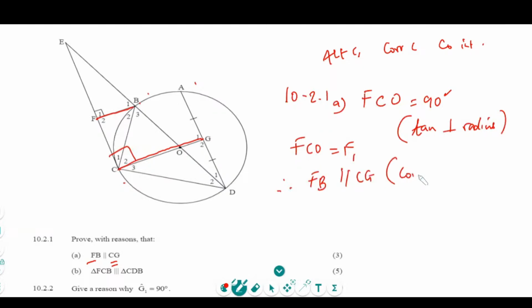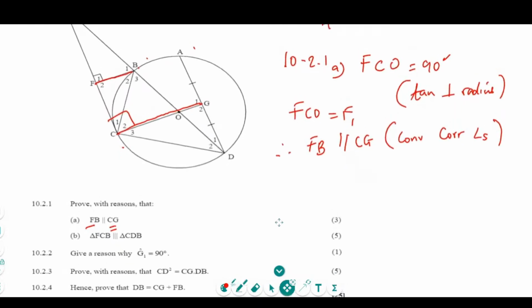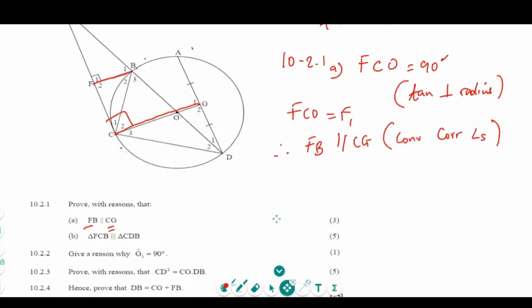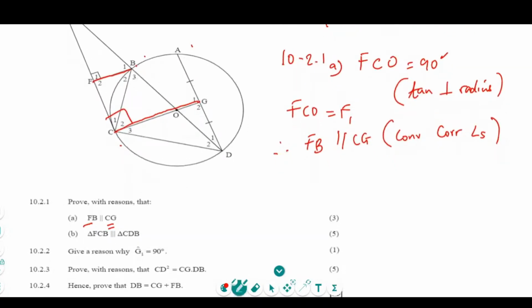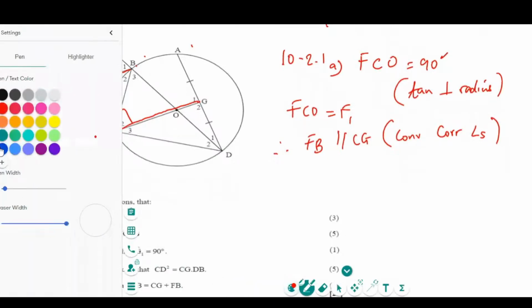So we can say that's the converse of which angles are those? Corresponding angles. The converse of corresponding angles. Then part B, they want us to prove that triangle FCB is similar to CDB. I'll just use a different highlighter.